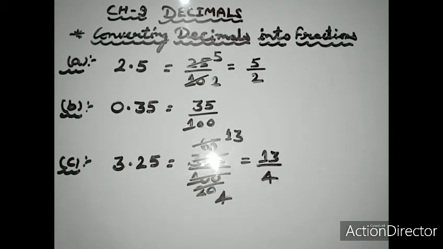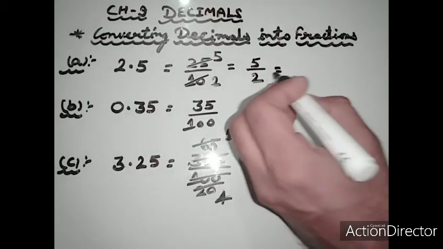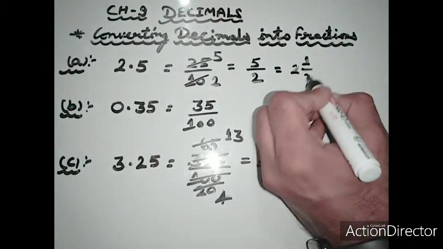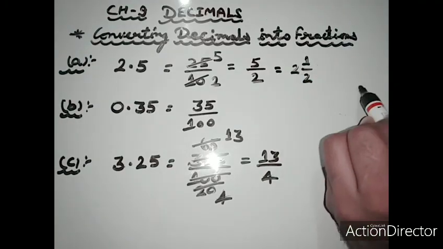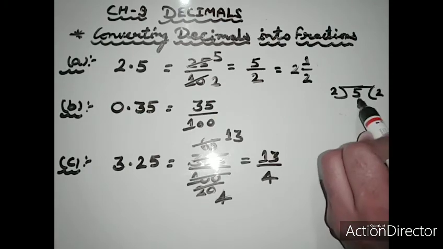Okay, now students, here we also convert these two because these two fractions are improper fractions. So here we write 5 upon 2 as 2 whole 1 upon 2. 2 2s are 4 plus 1, 5. When we divide this 5 by 2, 2 2s are 4.